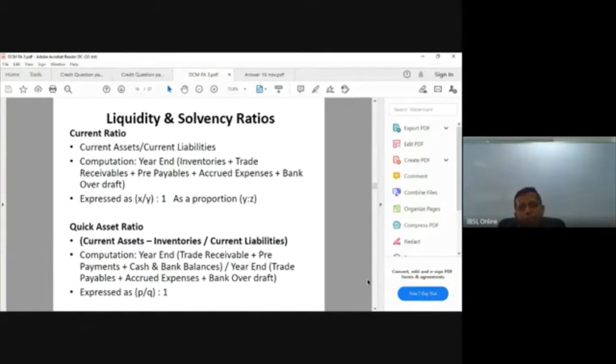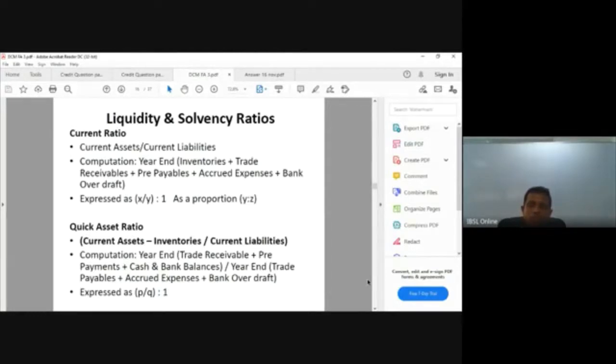But even though I mentioned 1 is to 2 and 1 is to 1 as the acceptable ratios, there can be industries where liquidity is of utmost importance. If you take the banking industry, we don't find these 1 is to 2, 1 is to 1 ratios, but instead the regulator, the central bank, has defined a 20% liquidity ratio for all the banks, where you have to take the total deposits and maintain 20% of the deposits in liquid assets.